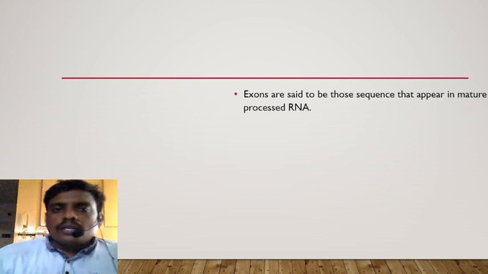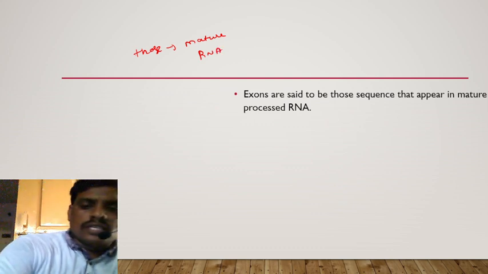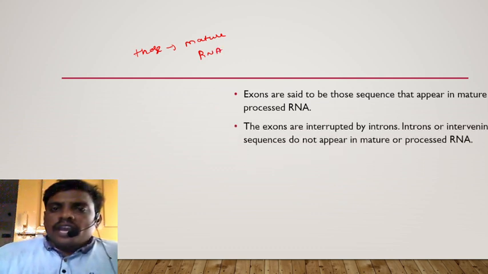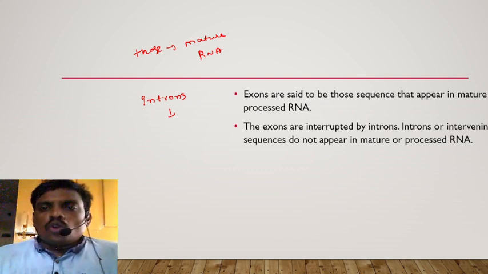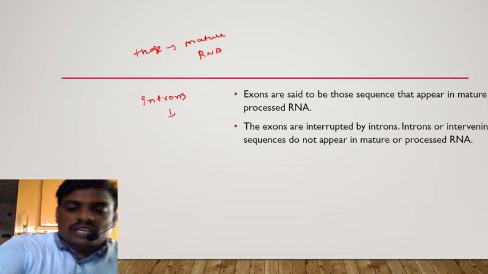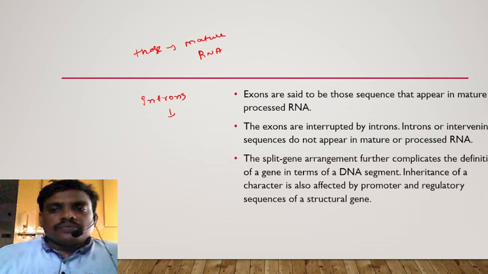Exons are those sequences that appear in mature or processed RNA, and cistrons appear in immature RNA. Exons are interrupted by introns. Introns are intervening sequences, which do not appear in mature processed RNA. The split gene arrangement further complicates the definition of a gene.